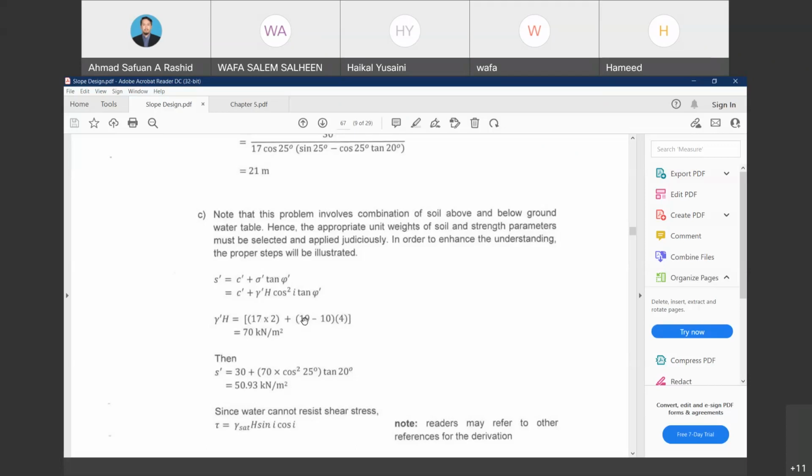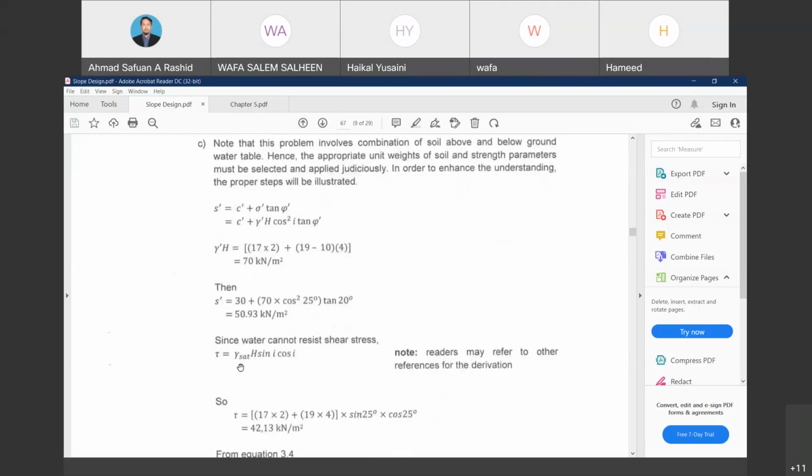So 19 minus 10 times 4. So this is equal to 17 for the sigma. Then for the S, we obtain 50.93.